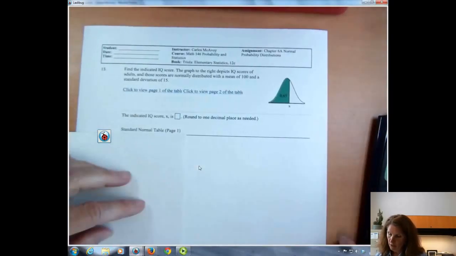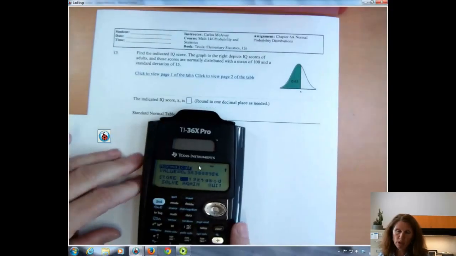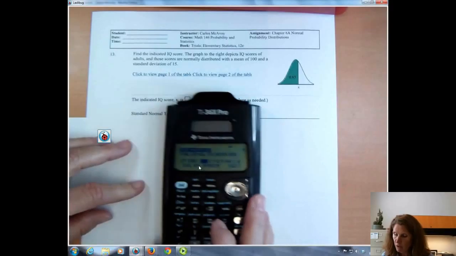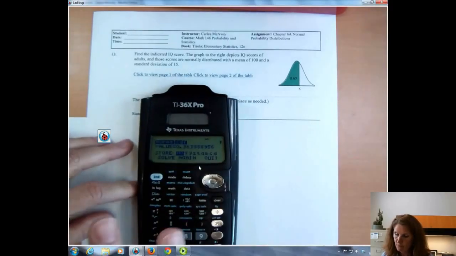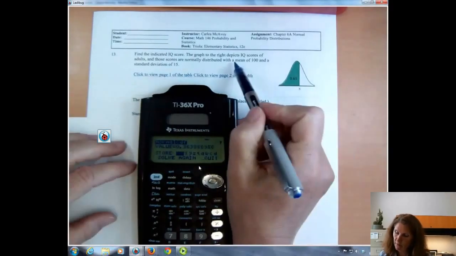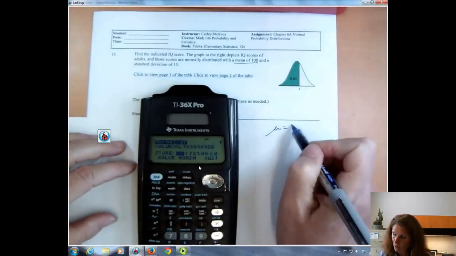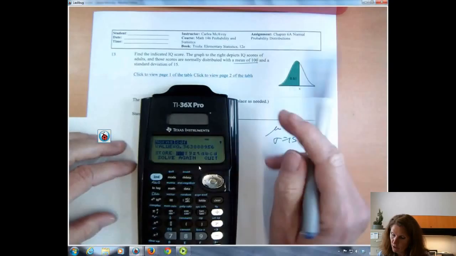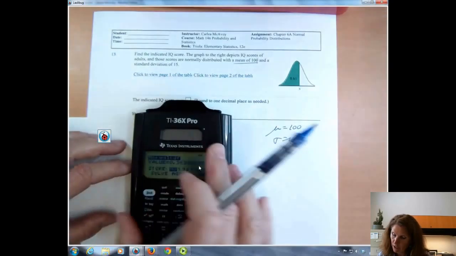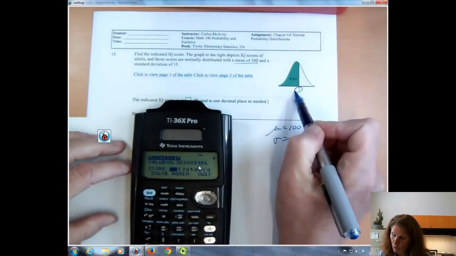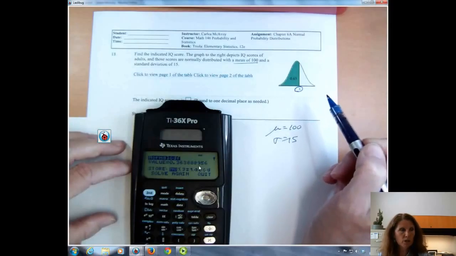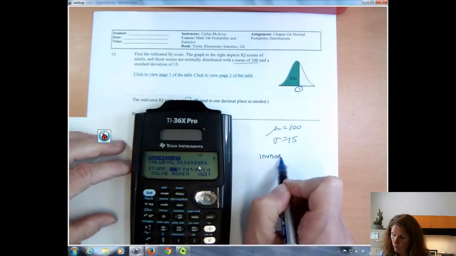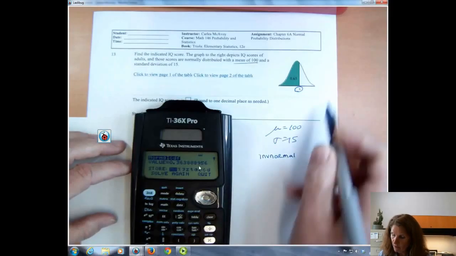All right, find the indicated z-score. You know, you are seeing some of these things I'm doing over and over. If you've got it, then pause and see if you can do it. So now we have again the mean of 100 and the standard deviation of 15, and they're saying find the indicated IQ score. So they want to know what number should go here. In this case, we need to use inverse normal because they gave us the percentage.